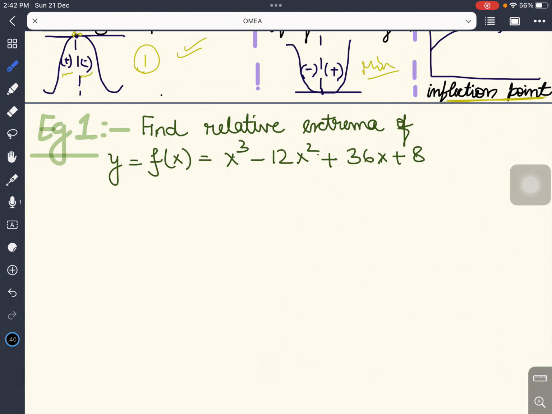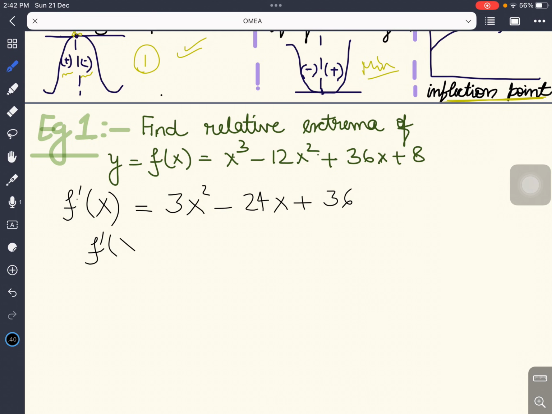We first find the first derivative to get the critical values. So f dash x is equal to 3x square minus 24x plus 36. The critical values are the values of x which satisfy the condition f dash x equal to 0.